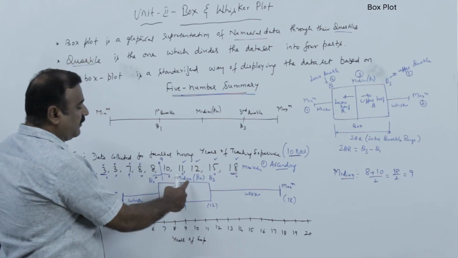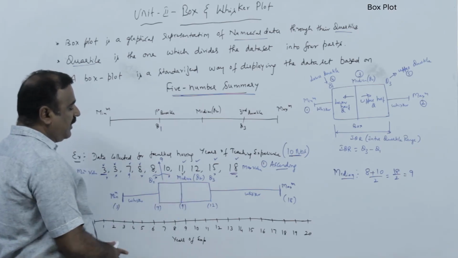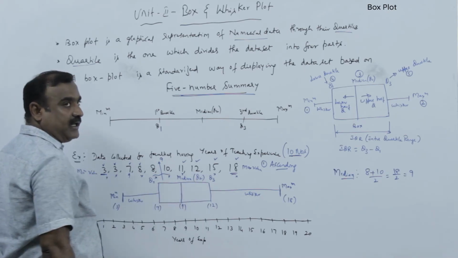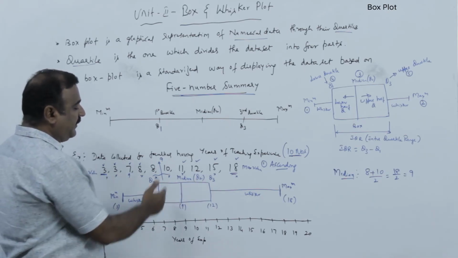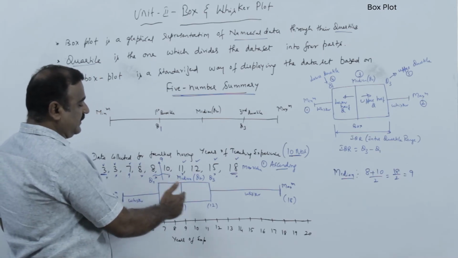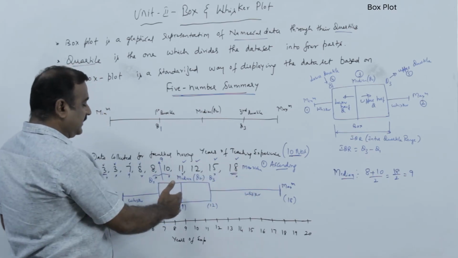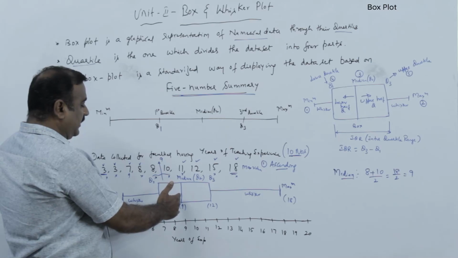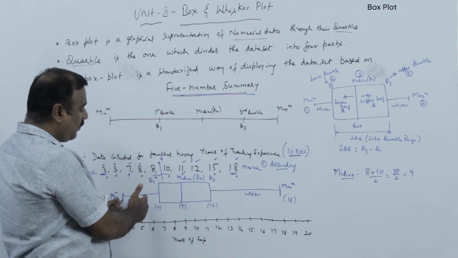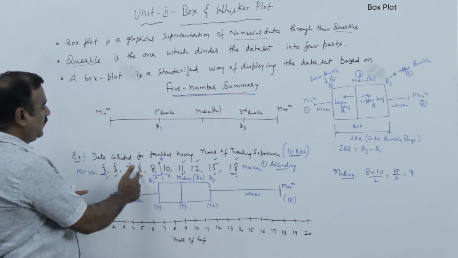So I have found the median, that is quartile 2. Now we have to find Q1 and Q3, the first quartile and third quartile. The median divides the entire data into 2 parts, 50% on this side and 50% on that side. This is called the lower half quartile. In the lower half there are 5 data values, 1 2 3 4 5.